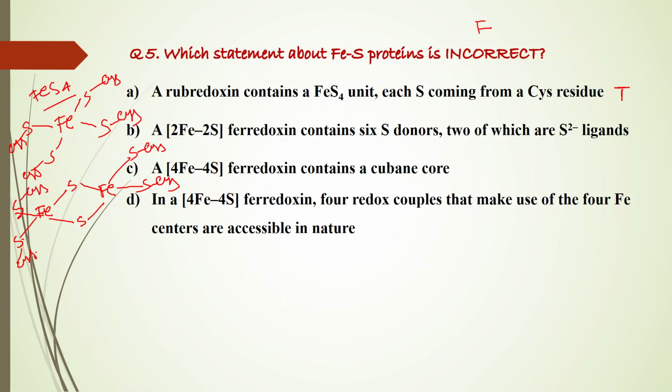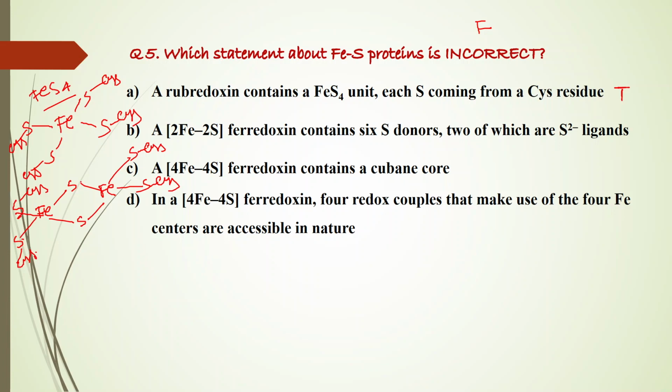So in case of Fe2S2, we have 4 sulfur atoms that are part of cysteine residues and two S2- ligands. So overall we have 6 S donors. That is correct. In the structure of Fe2S2, you can see we have 1, 2, 3, 4, 5, 6 S donors.